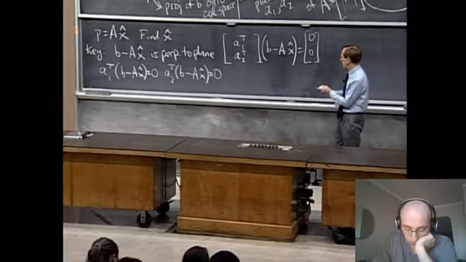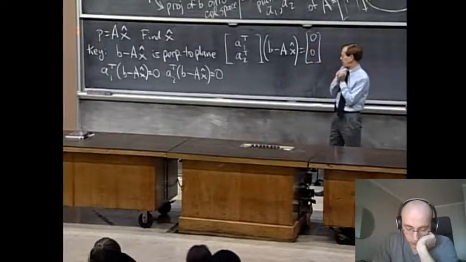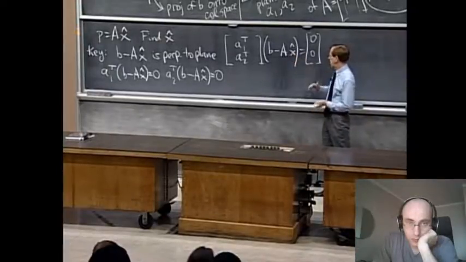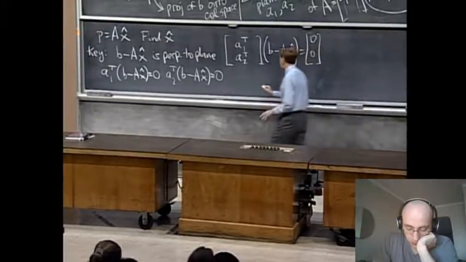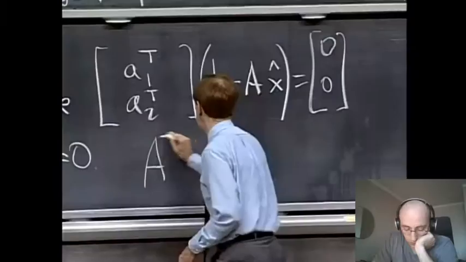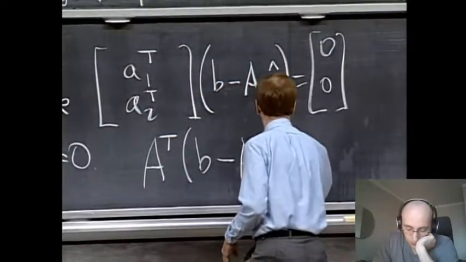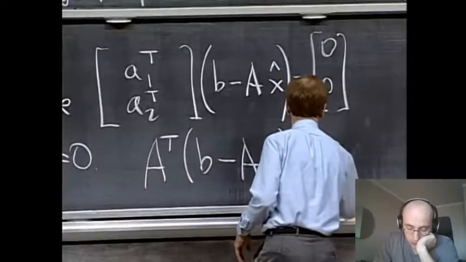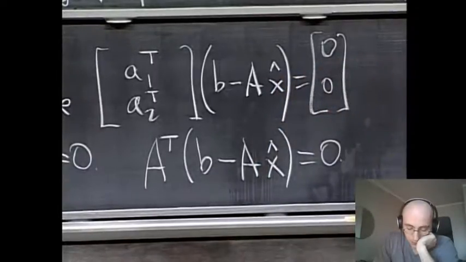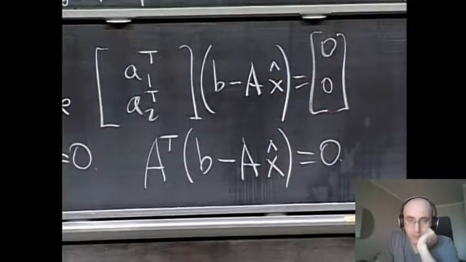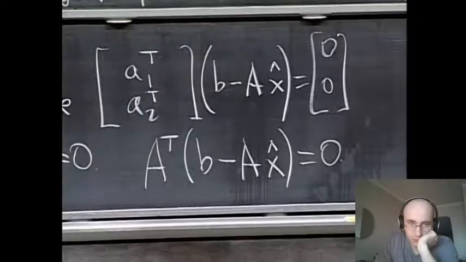You see that this is one way to come up with this equation. So the equation I'm coming up with is A transpose (B minus A x hat) is 0. That's my equation.